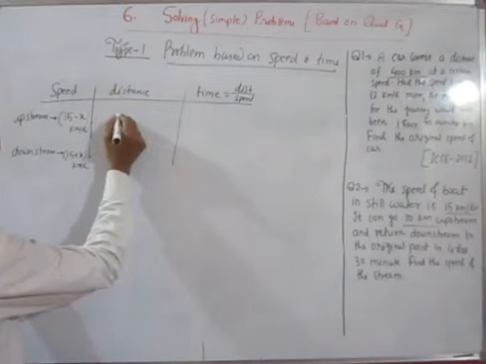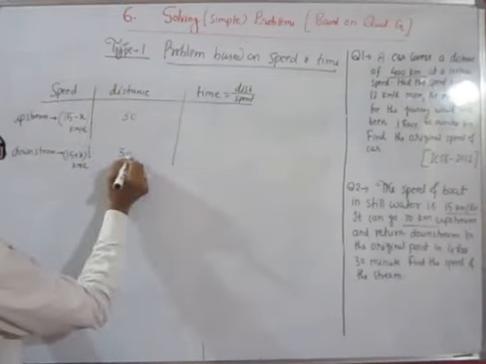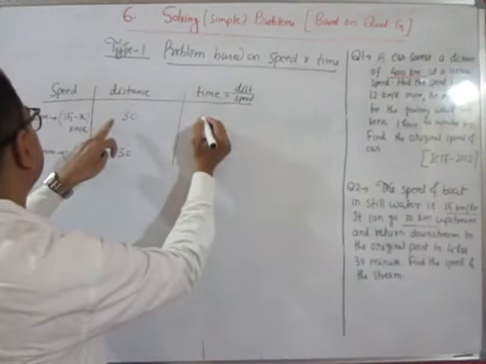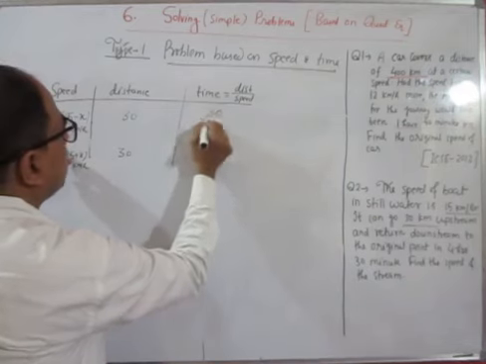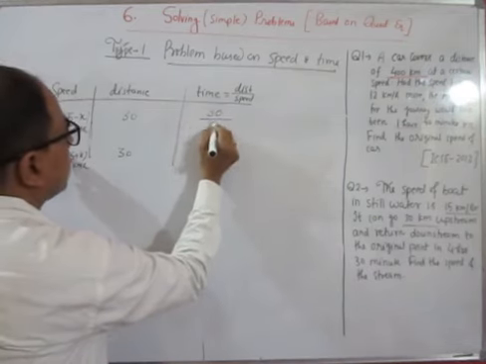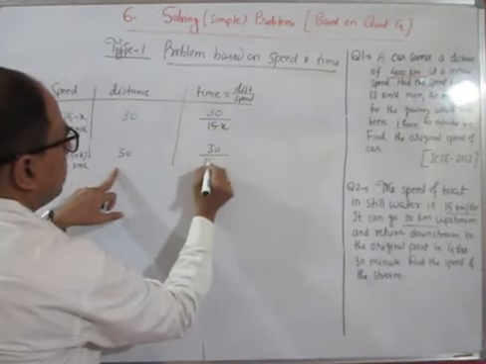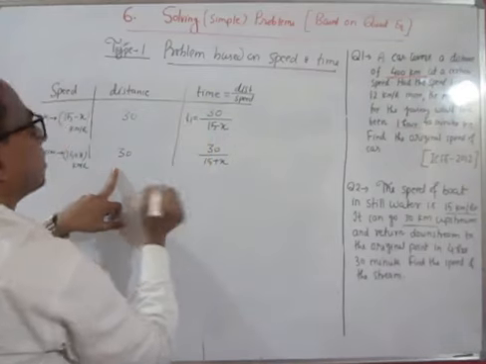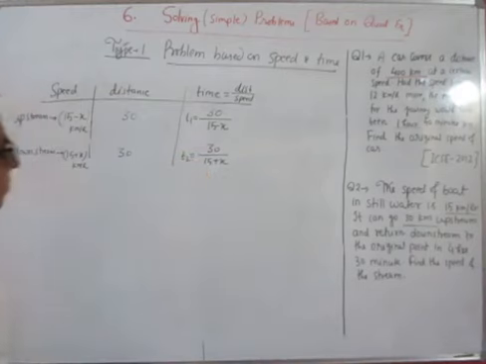So what is the time taken? In upstream, it will be distance by speed, 30 by 15 minus x. And here it is 30 by 15 plus x. So this is the time taken in upstream and this is the time taken in downstream.